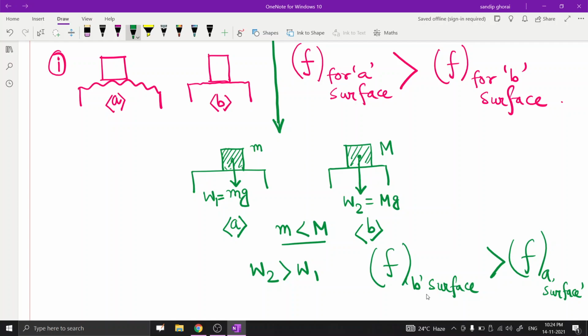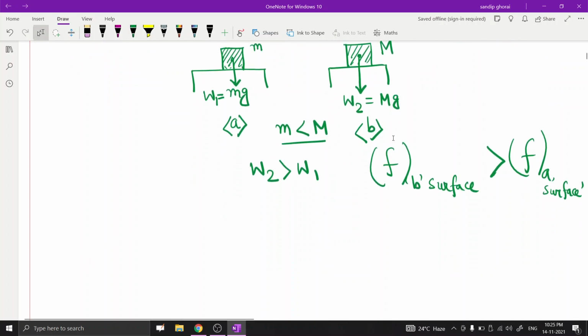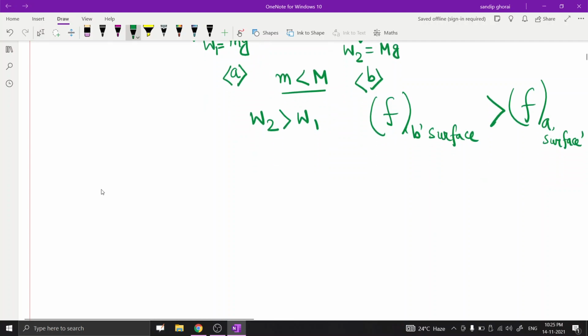Also, the next very important point is that if weight W is constant or the same, then the frictional force is independent of the area of the surface.